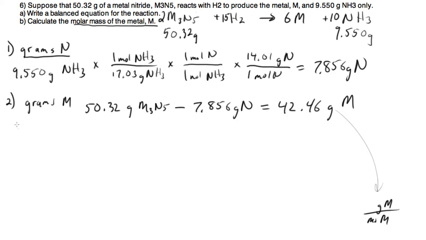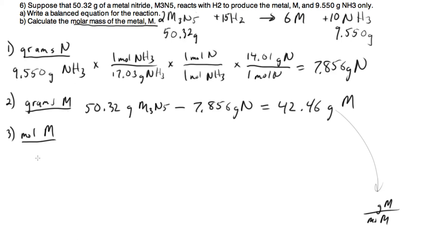So now I've got to figure out moles of my metal. Now moles, you should be thinking mole ratio. I'm going to use a mole ratio, and I have a mole ratio right up here. So if I know how many grams of nitrogen and change to moles of nitrogen, I can use my mole ratio and get moles of my metal.